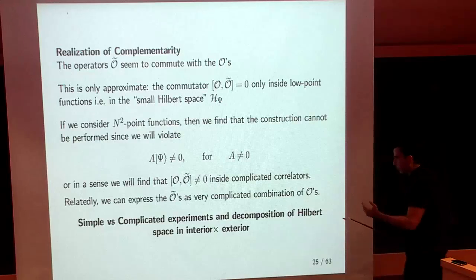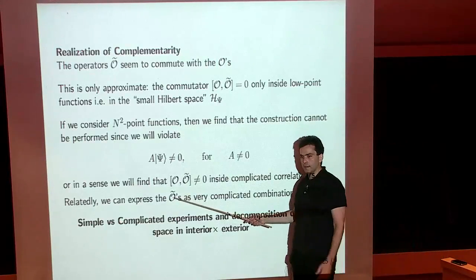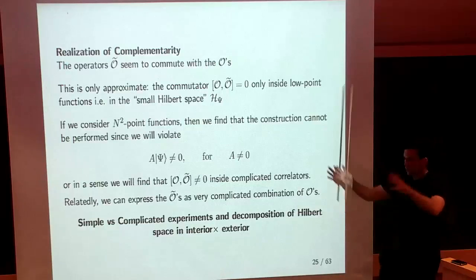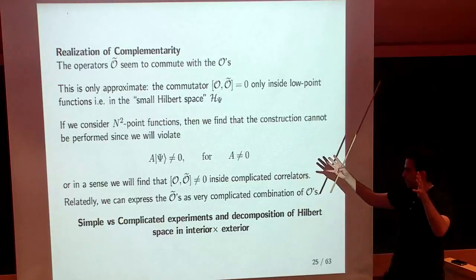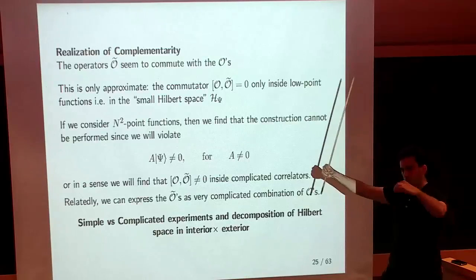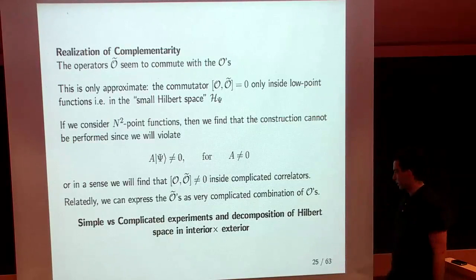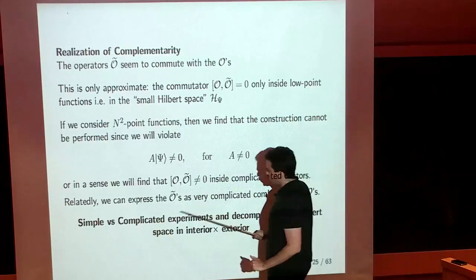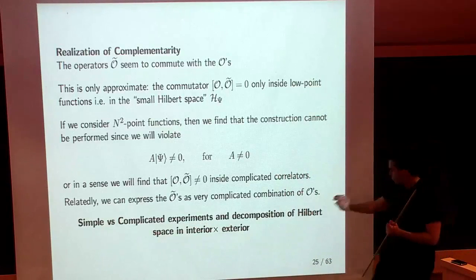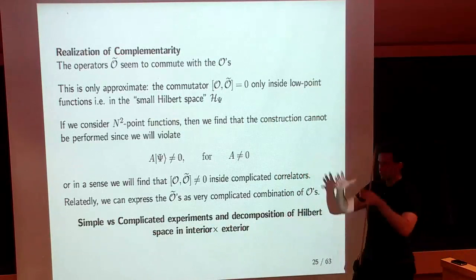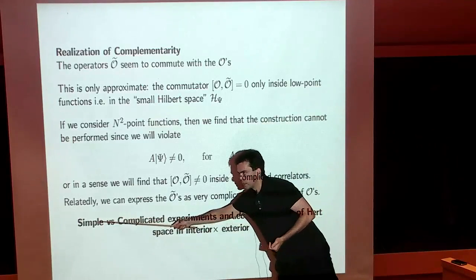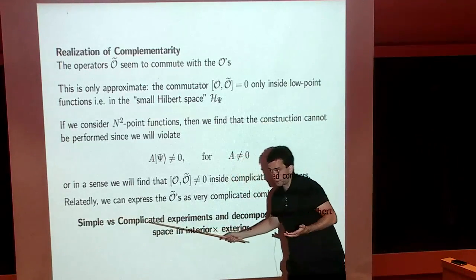Or equivalently, we can rewrite O tilde as extremely complicated combinations of the O's. So the idea is that we have the observables outside the black hole, and if you use very complicated measurements in the exterior, you can reconstruct the operators which are in the interior. So it is important to distinguish between simple and complicated experiments. What I'm saying is that the decomposition of the Hilbert space in quantum gravity as the interior times the exterior makes sense for simple experiments, but may break down for complicated experiments.